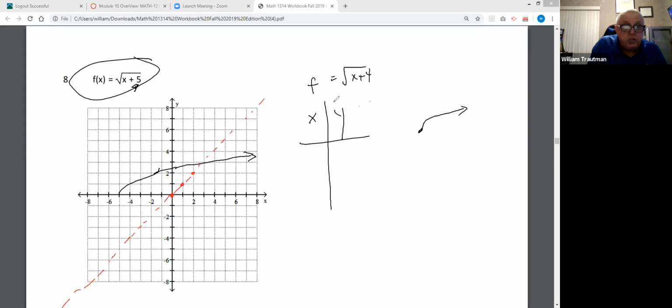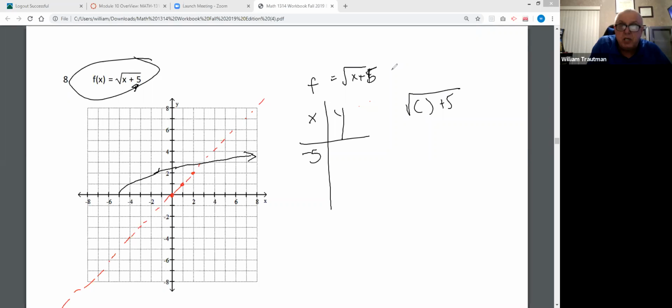And I'm going to show you some test points. If I put -5, oh wait, this is 5, not 4. If I put -5 into this function, here's my function, square root of x plus 5.